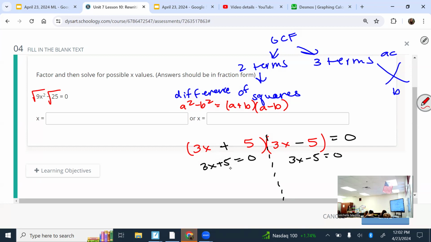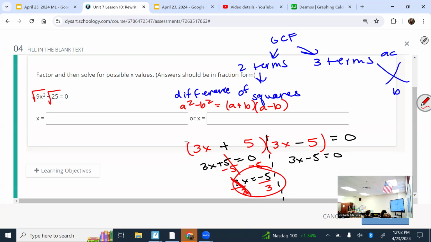It just so happens that it's a two-step equation in order to solve. So start with the opposite of adding 5. Do that on both sides. I get 3x equals -5. Opposite of multiplying by 3, do that on both sides.